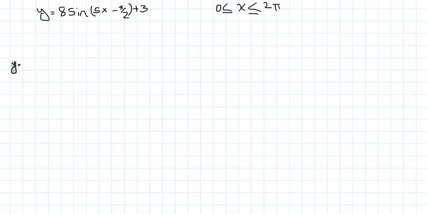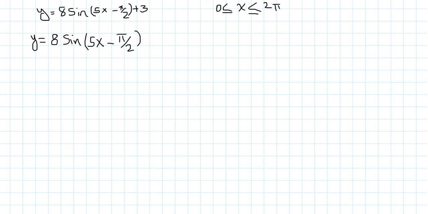Next part, we add shift on x-axis. To add shift on x-axis, we should have a whole bracket. So at this time, my graph is y equals 8 sine 5x minus pi over 2.